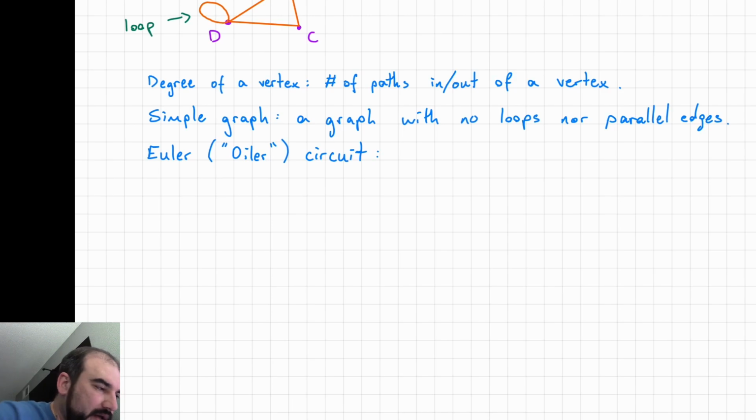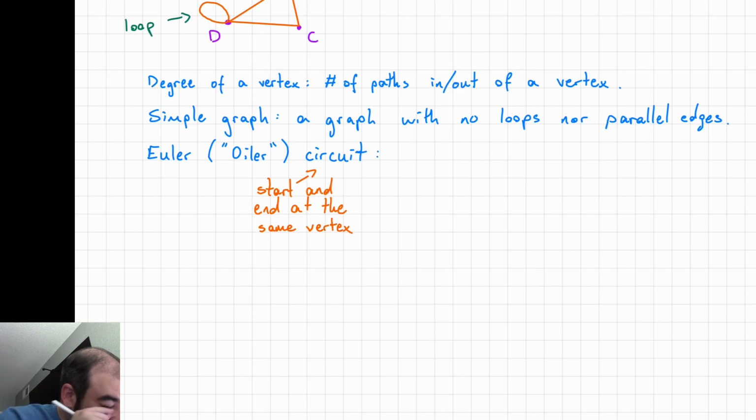An Euler circuit in general, or a circuit in general, is kind of a path around a graph that starts and ends at the same vertex. So that's what a circuit is.